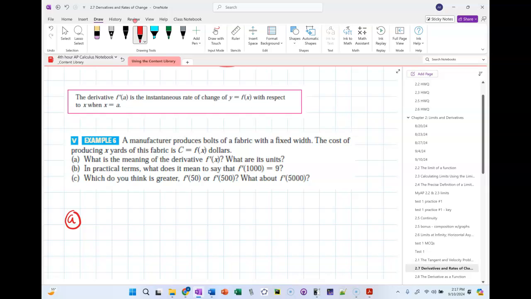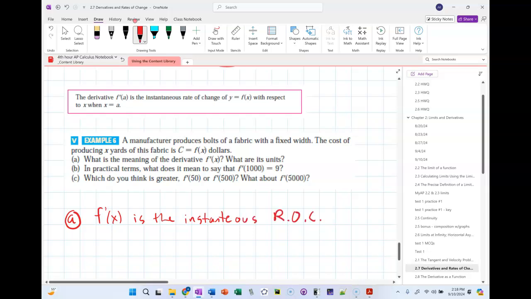So f prime of x is the derivative, so we say it's the instantaneous rate of change between what two variables? What is the y variable in the problem?